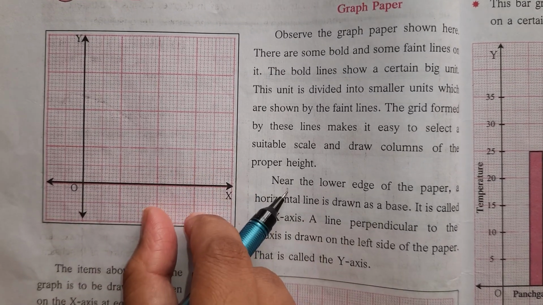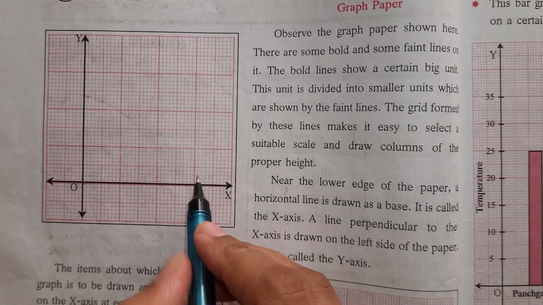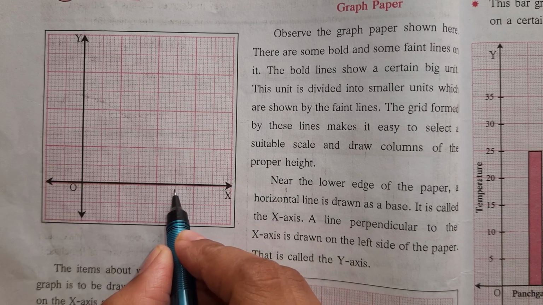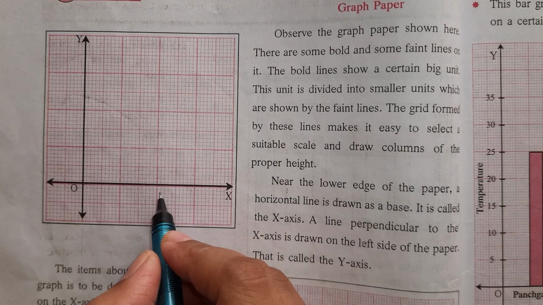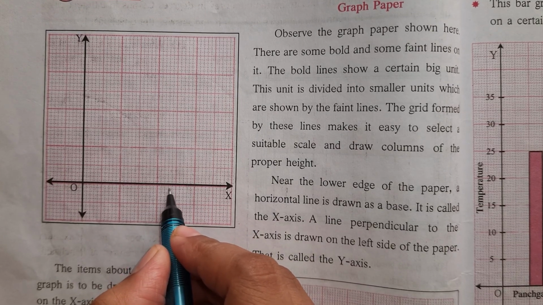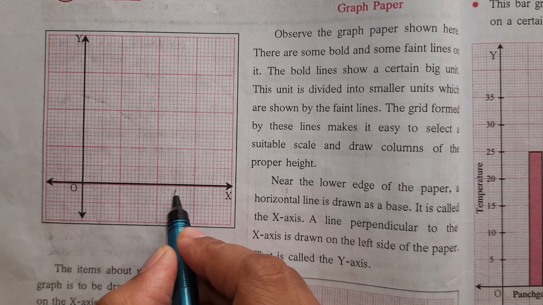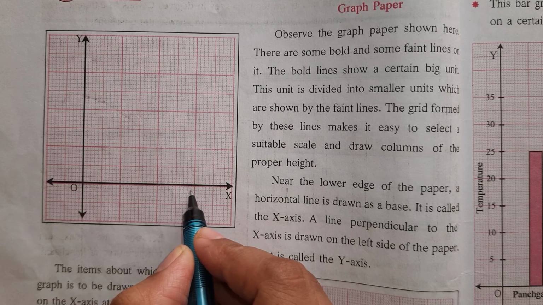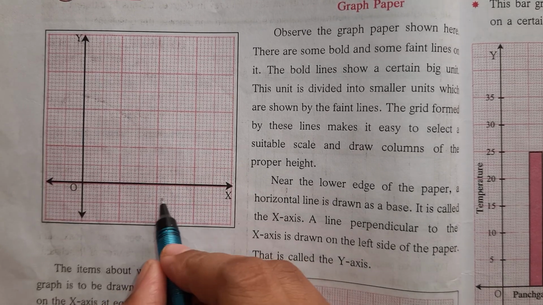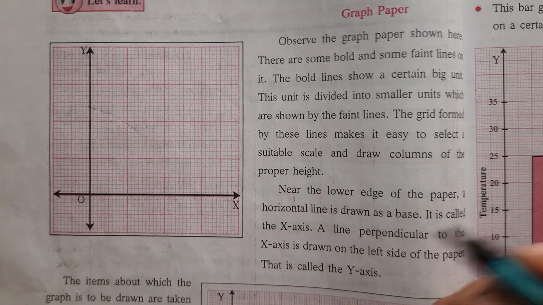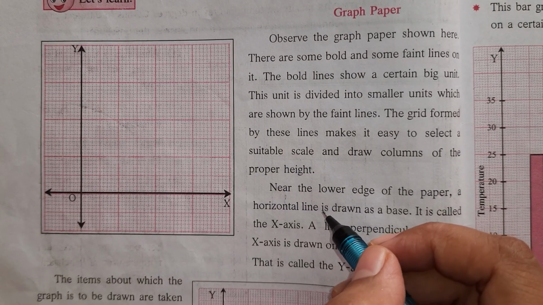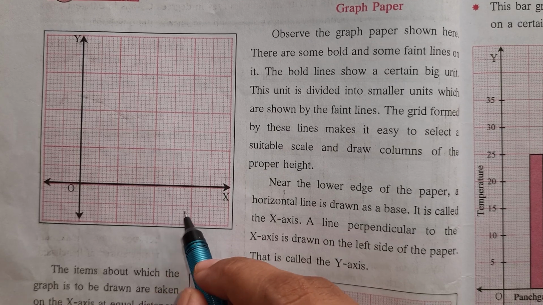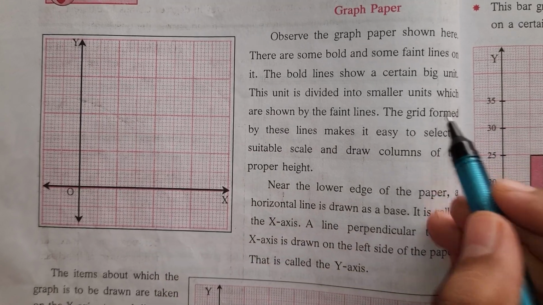And then this 1 unit is again divided into small units. How many small units is it divided into? Let's count. 1 2 3 4 5 6 7 8 9 10. So each unit is divided again into 10 smaller units, and these small units are also at equal distance.